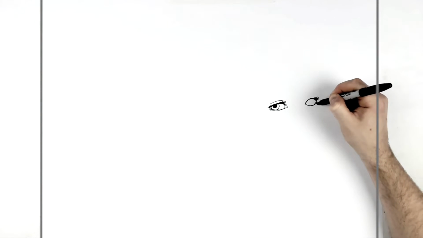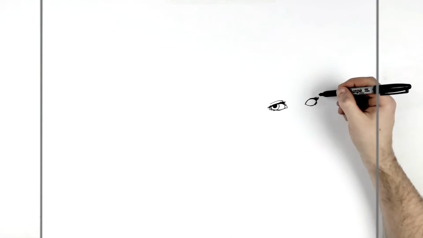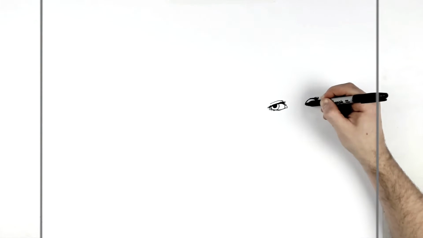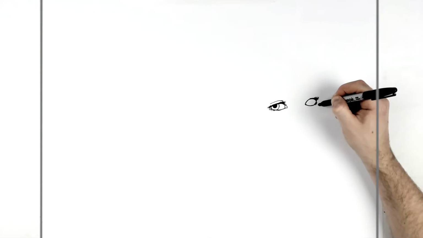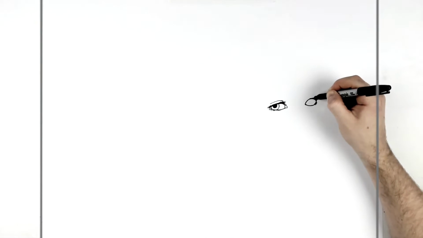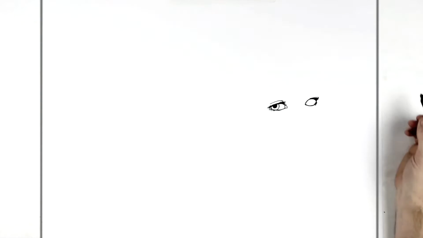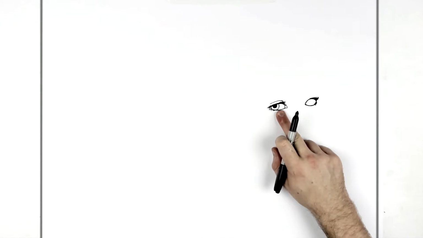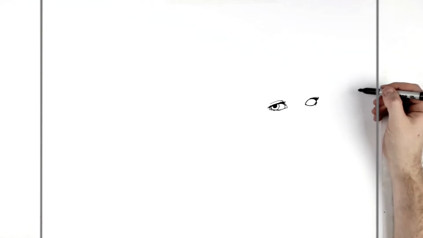So we'll just add some sticking off here. Right, so you'll see this eye is about 3/4 the size of this eye because we're in 3/4 pose. So if you can do 3/4 pose, you can do any pose, really. It's pretty difficult.